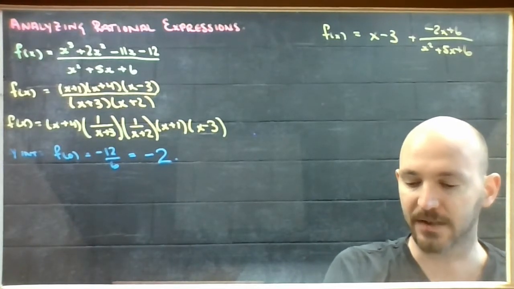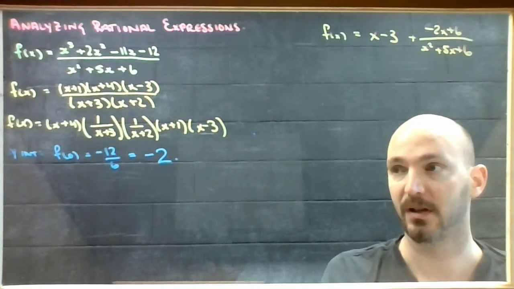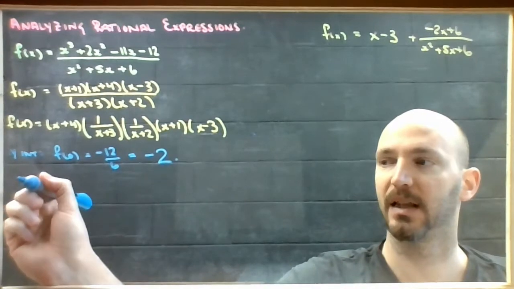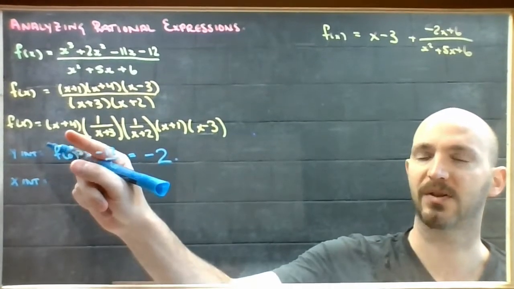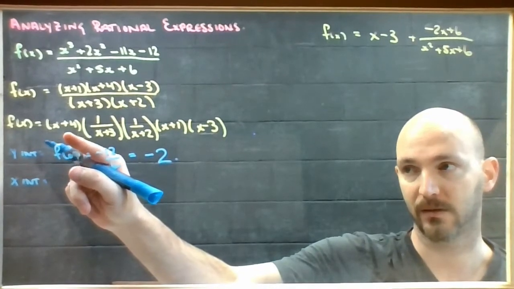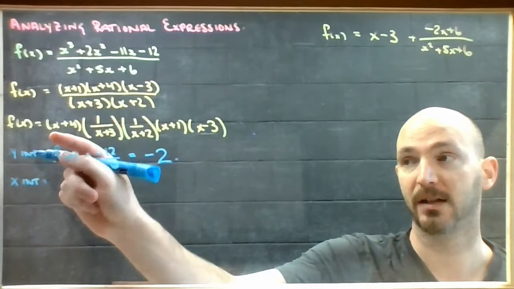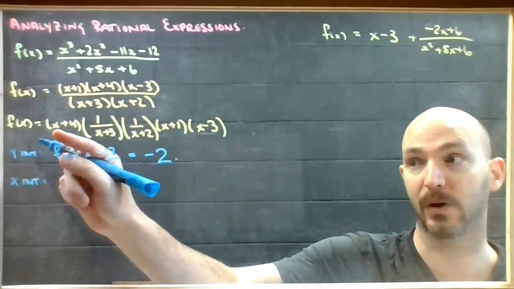Part C, identify the x-intercepts of each piece of your factored composite function. So I'm going to go through all 5 of these pieces, and I'm just going to list the x-intercepts that I would find. So this first one, if you forget all the other garbage, if it was just this line, will cross the x-axis when x is -4.